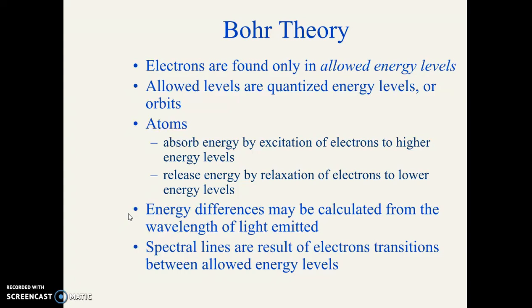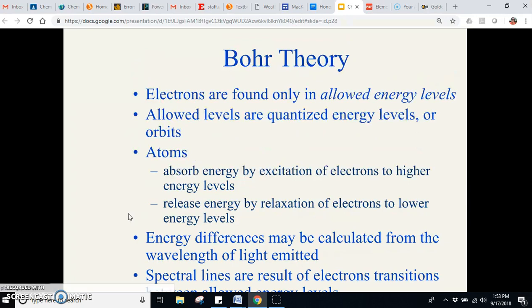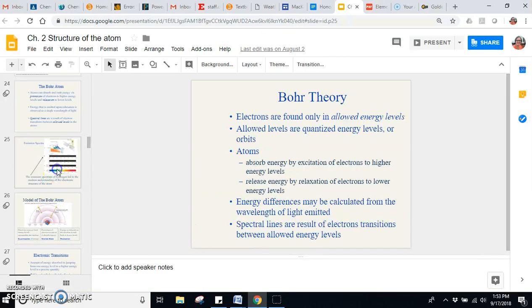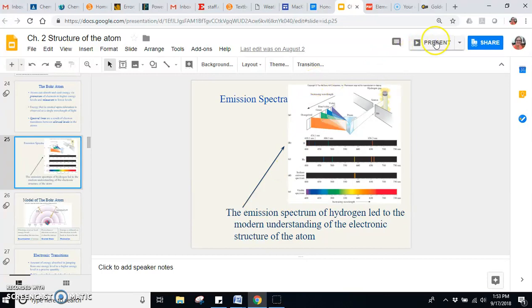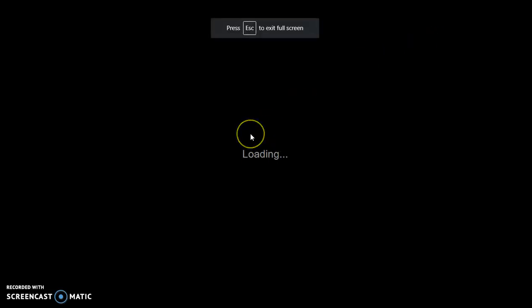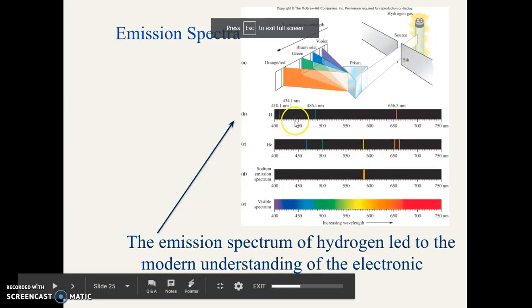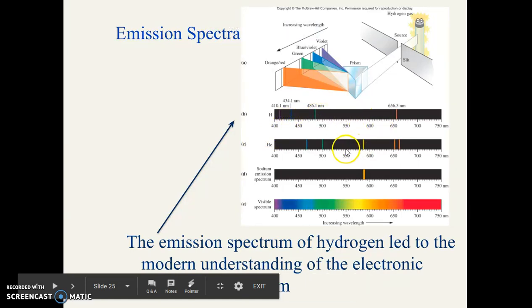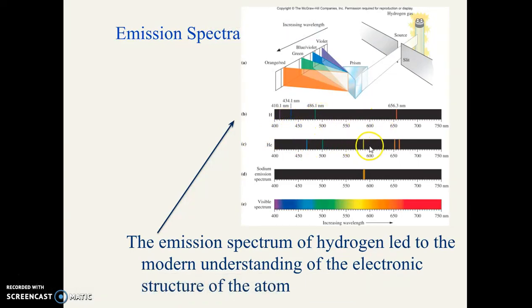The spectral lines are the result of electron transitions between those energy levels. So as the electrons give off light, and if you pass that light through a prism, they're going to produce these very specific spectral lines. These correlate to specific distances that those electrons moved.